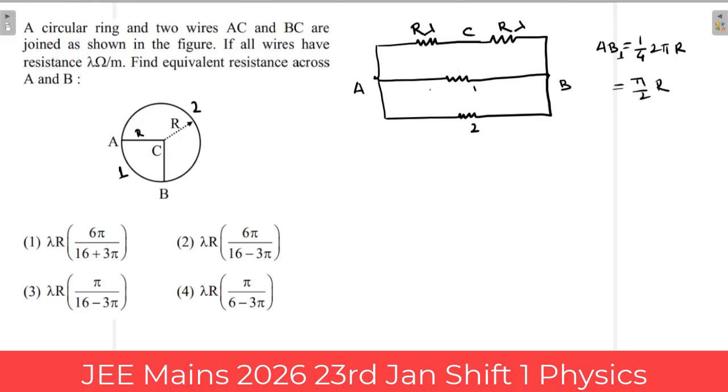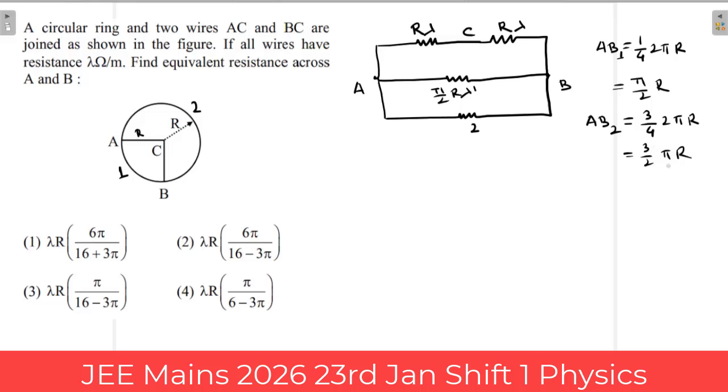So the resistance is pi by 2 r lambda, and the path AB via 2 is 3/4 of 2 pi r. The length AB is 3/4 of 2 pi r, that is 3 by 2 pi r.